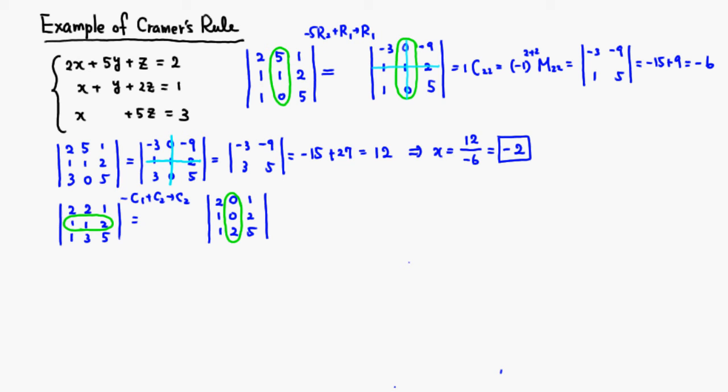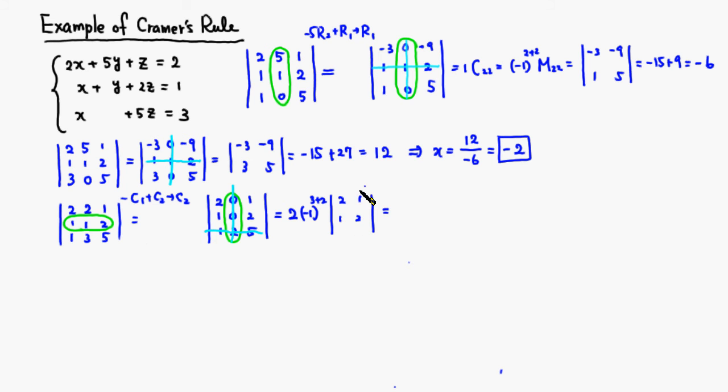So this is going to be equal to 2 times plus or minus the cofactor. This is the first row, third row and second column, so it's 3 plus 2. Then we erase the third row and the second column, and you have a determinant of 2, 1, 1, 2.